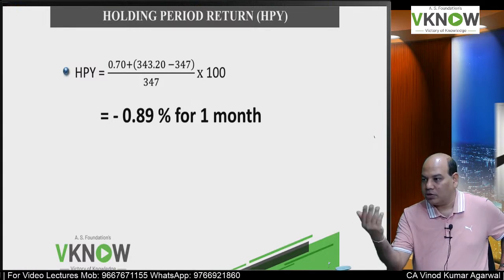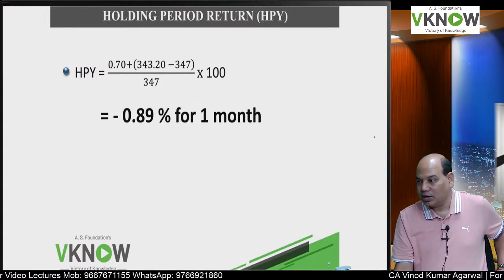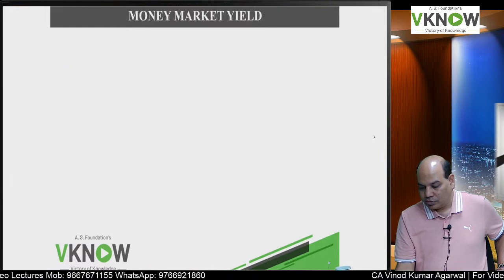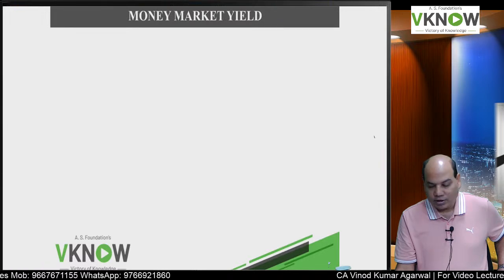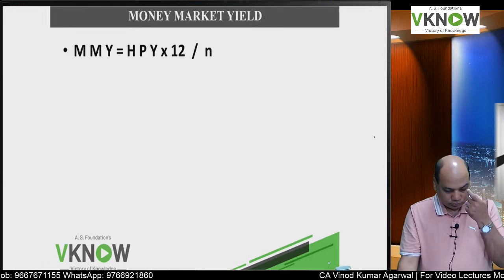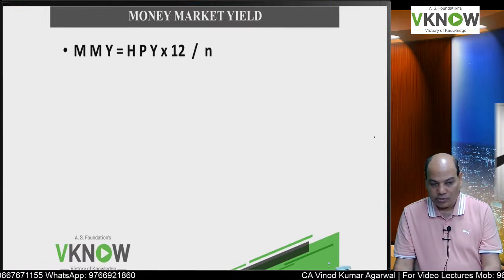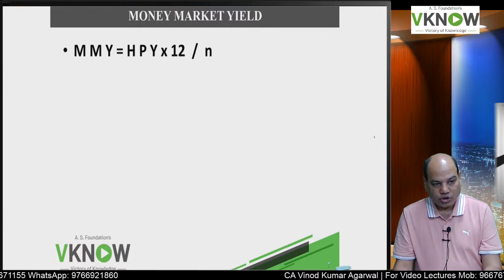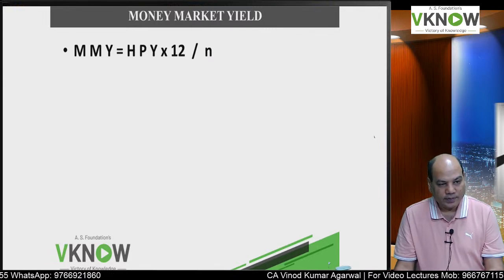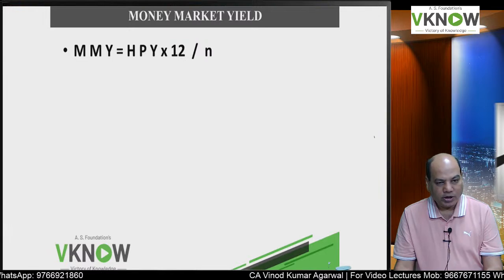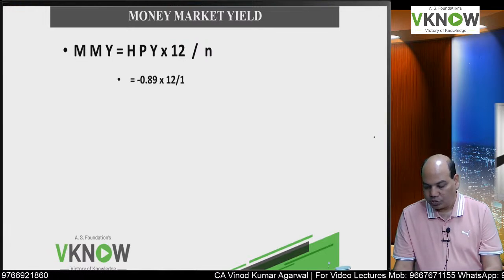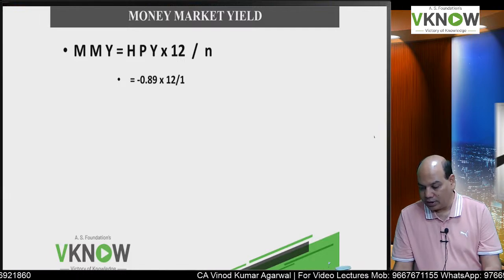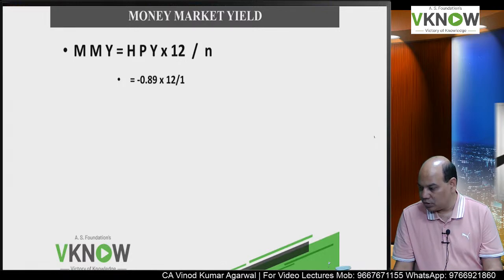And when you multiply this by 12, it will give you money market yield. Okay, so write down money market yield. This time write a little fast. Money market yield is equal to HPY into 12 by N. HPY is minus 0.89 into 12 times because the holding period is 1 month.